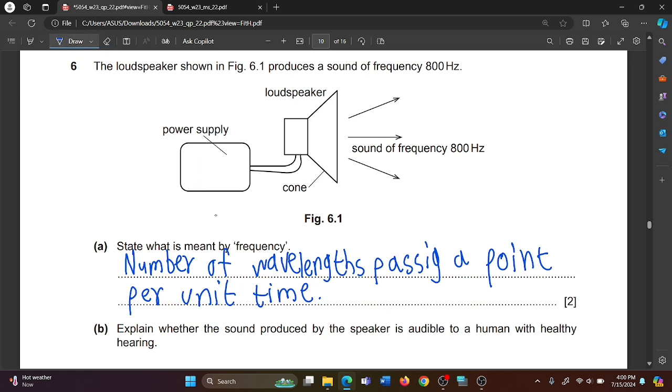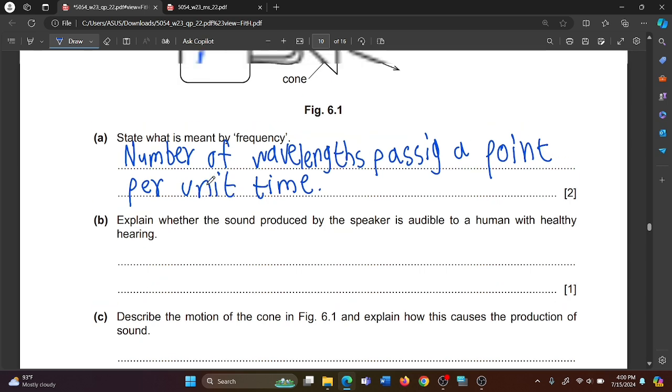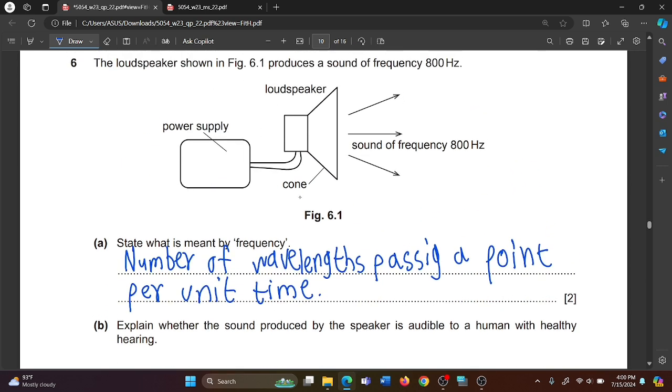Part B says: explain whether the sound produced by the speaker is audible to a human with healthy hearing. Okay. So we know a human with healthy hearing, a human who can hear properly, can hear frequencies between 20 hertz and 20,000 hertz.